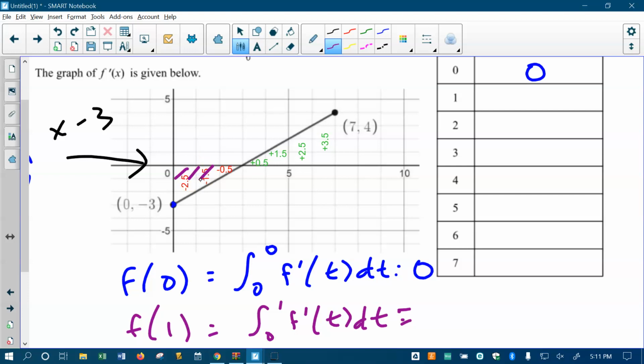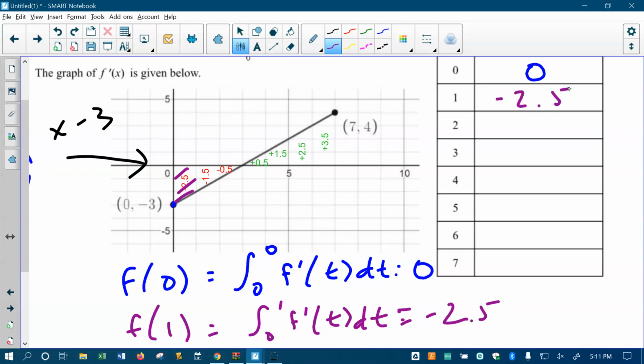Sorry, f of 1 means I stop at 1. I went on to 2 there. I stop at 1, which means I'm only looking at this area here. And that area is going to be negative 2.5, which means that, again, f of 1 is negative 2.5.